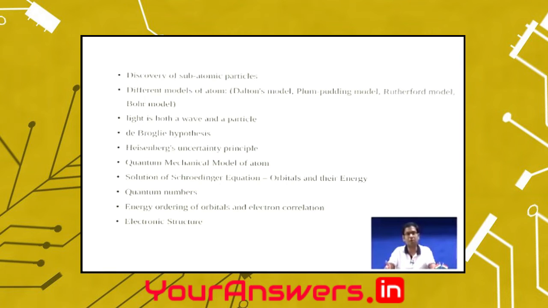We also saw that the orbitals had different shapes, different orientations, and they could be described by what we call quantum numbers: the principal, azimuthal, magnetic and spin quantum numbers. And we also discussed how electron-electron correlation affects the energy ordering of these orbitals.